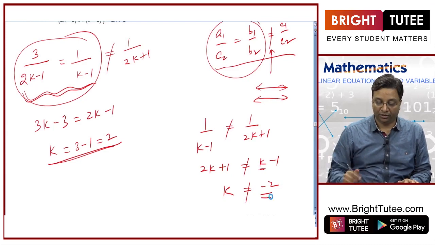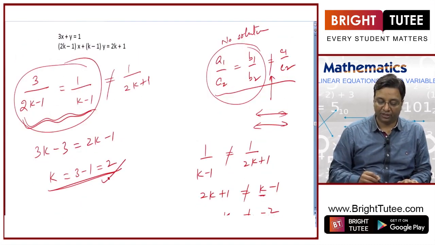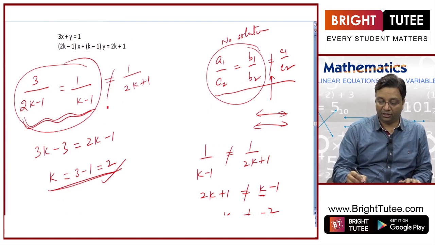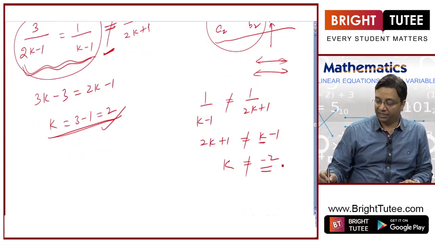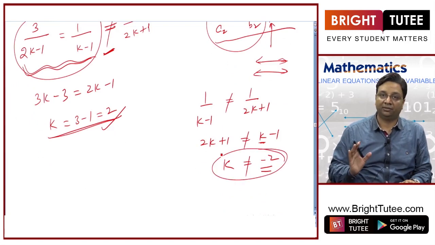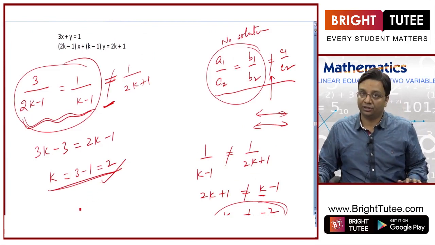Here we have got k equal to 2, so it doesn't have any impact on this ratio, because this means that k should not be equal to minus 2. Anything apart from minus 2 is acceptable, right. So, k is equal to 2 is your answer for this question.